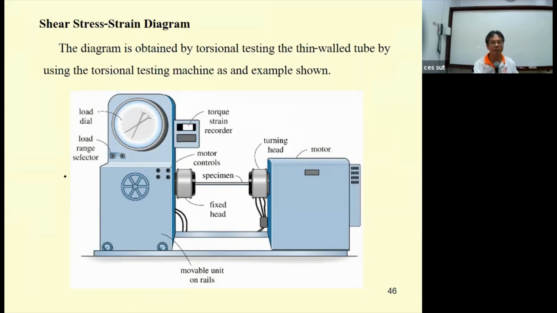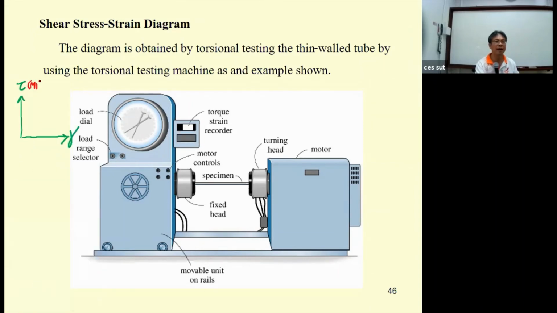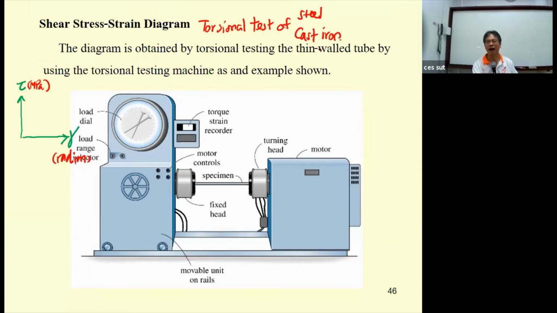Now we come to the shear stress strain diagram. Not only do we have the normal stress strain diagram, we will have the shear stress and shear strain. And the shear stress is going to be in megapascal, and shear strain is going to be in radian. Okay, we have the torsional test of steel and torsional test of cast iron in our laboratory.